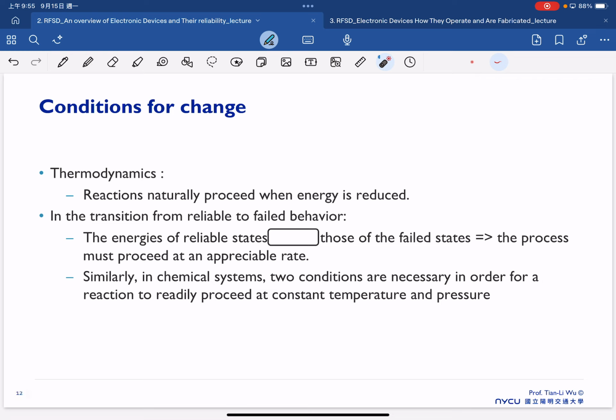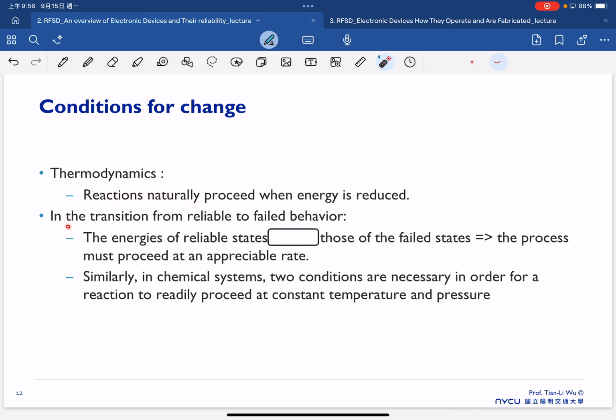When we talk about the change from the reliable state to the failed state, we first have to understand the triggering condition for this change. So we have to go back to some fundamentals. The first one is thermodynamics. In general, reactions naturally proceed when energy is reduced.